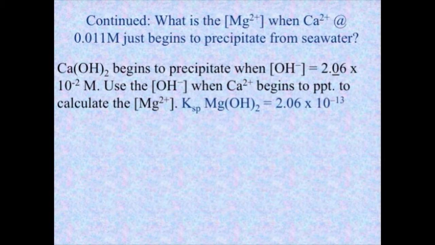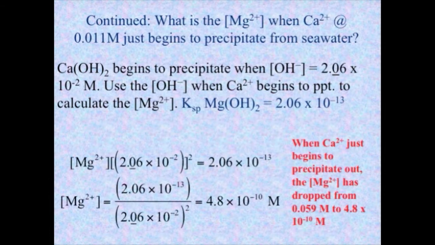Now, use this hydroxide ion concentration when calcium begins to precipitate to calculate the magnesium ion concentration. And the Ksp for magnesium hydroxide is 2.06 times 10 to the minus 13. So we plug in the hydroxide ion concentration when calcium hydroxide begins to precipitate.